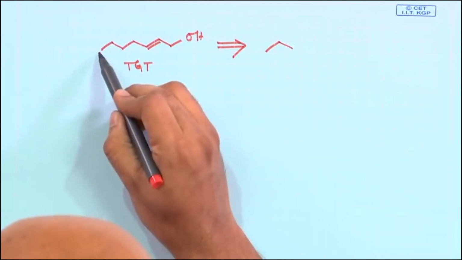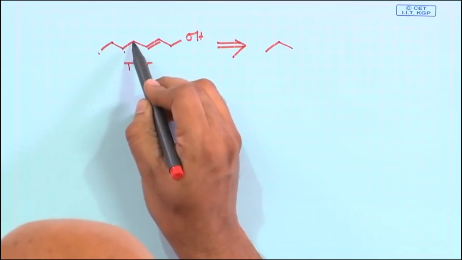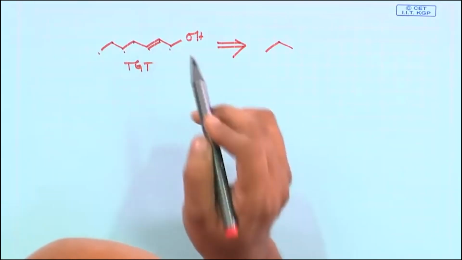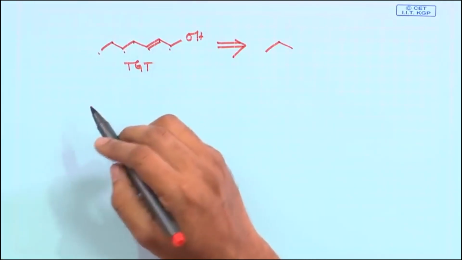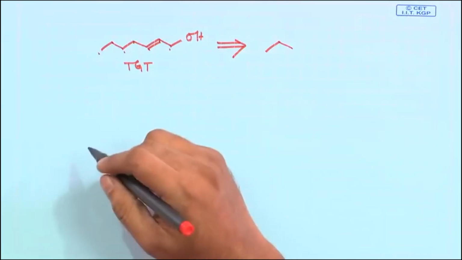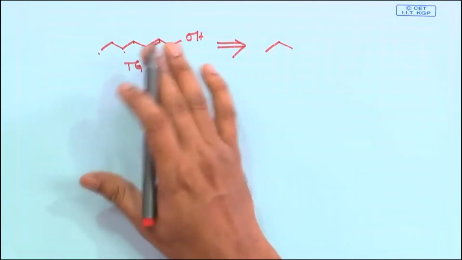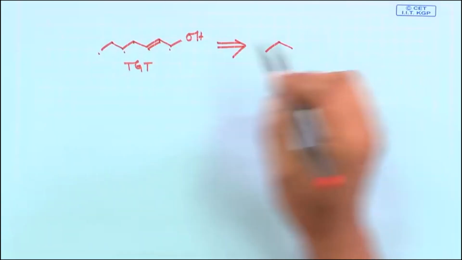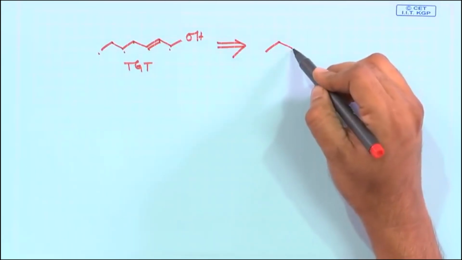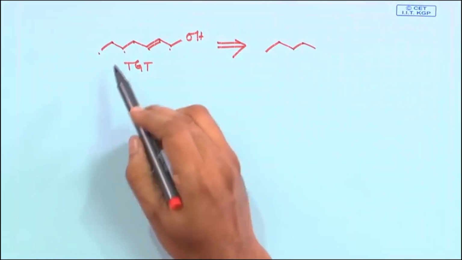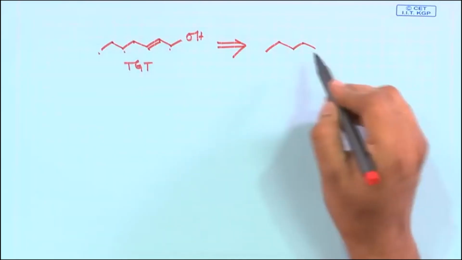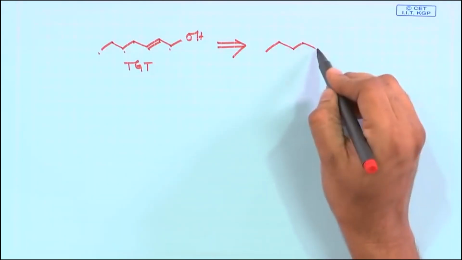Now, this is a 1, 2, 3, 4, 5, 6, 7 carbon unit. Okay. So, it is a very simple reaction. There are many ways you can do it. We will initially try to figure out 1, 2, 3, 4, 1, 2, 3, 4.